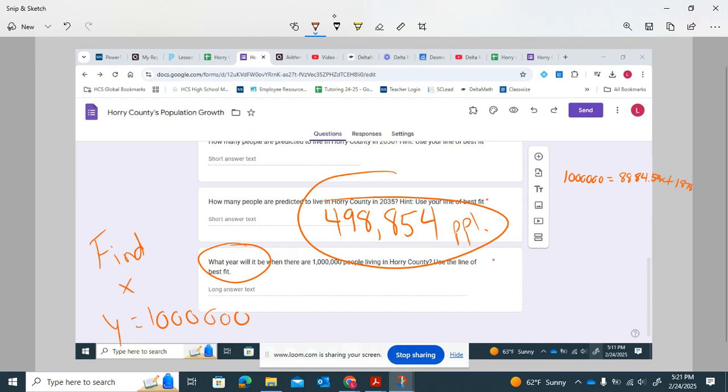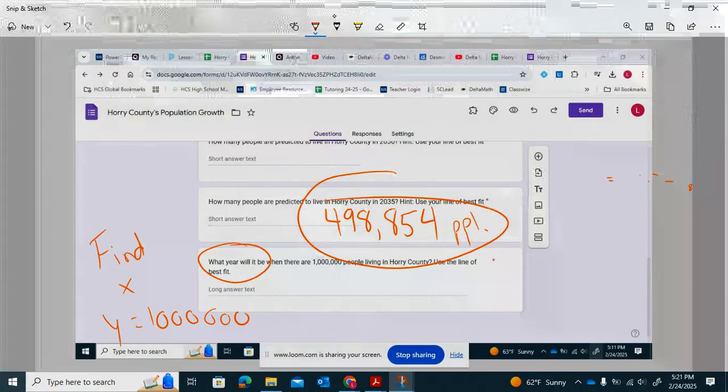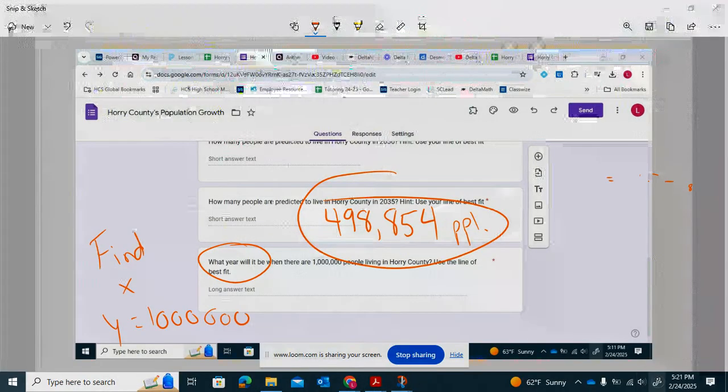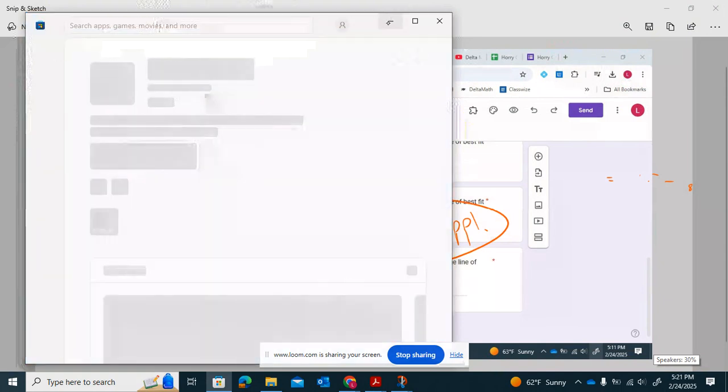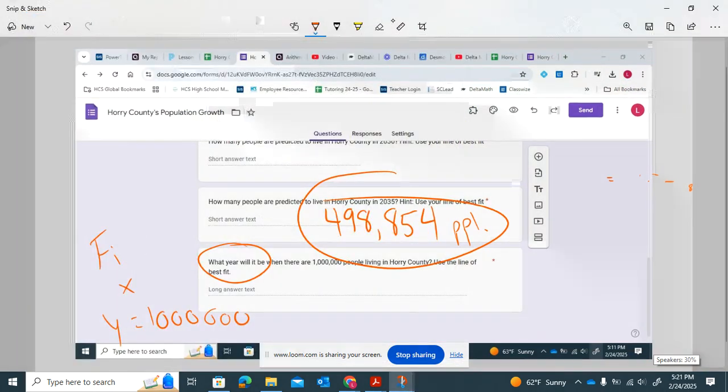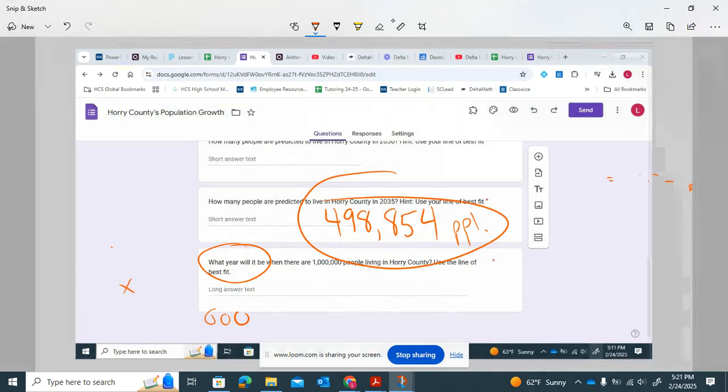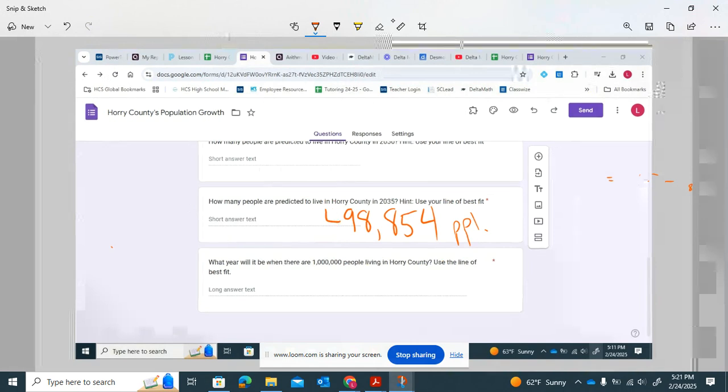Oh no, I ran out of room. Let's do this. Well, you have to plug in 1 million for Y, and then you have to solve for X. So I'm going to do that. Just give me a sec.